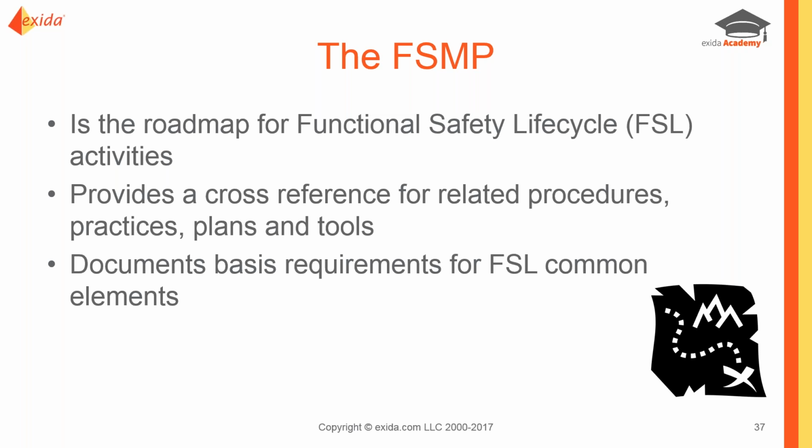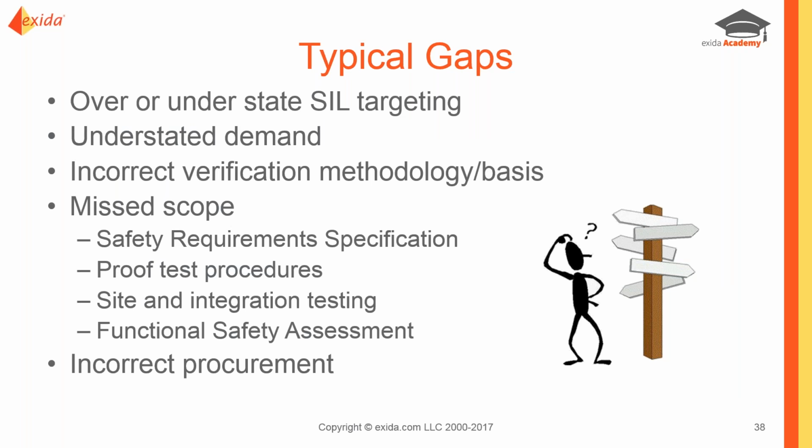Basically, we anticipate a policy-level functional safety management plan that provides the overall viewpoint, but then also provides cross-reference for related procedures, practices, plans, tools, anything that supports the objectives of that functional safety management plan. And whatever documentation or documentation method is required in order to maintain and have the information you've collected through this process where it can be easily analyzed and value can come out of collecting that data.